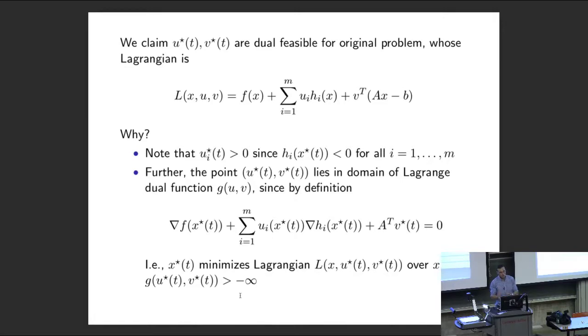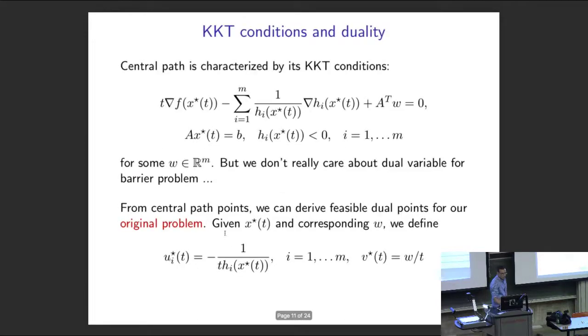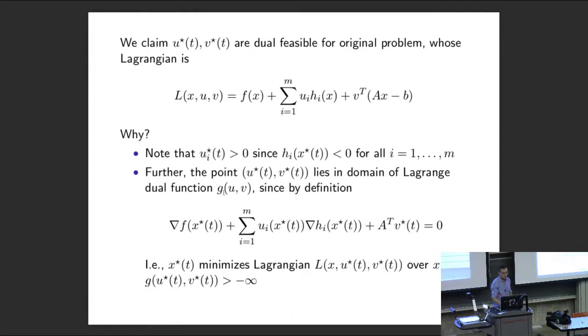Which in other words means that they're going to lie in the domain of the Lagrange dual function. So why? Well, first, let's just notice that as we've defined them, ui is going to be strictly positive, because remember the hi's were strictly negative. So minus 1 over t times hi is going to be strictly positive. So that's good. Remember, we need at least this sign constraint on u.